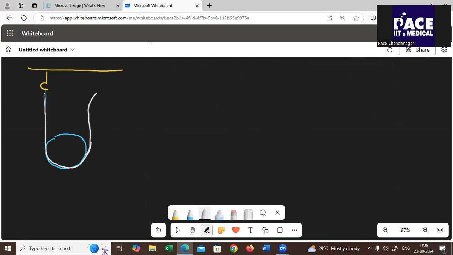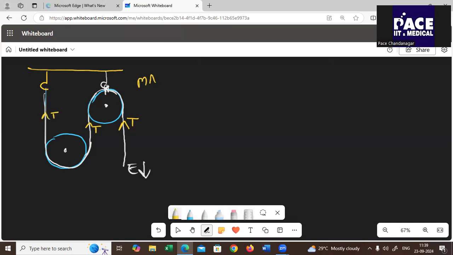Then I'm using another pulley, which is also fixed here, and then my load like this. Now, effort is in the downward direction. Always try to draw those arrow marks there. Upward direction is my tension here. Here tension is in the upward direction, and there also tension is in the upward direction.